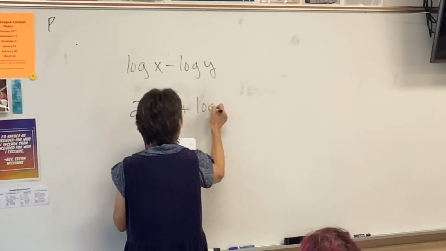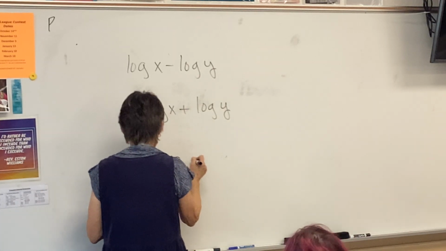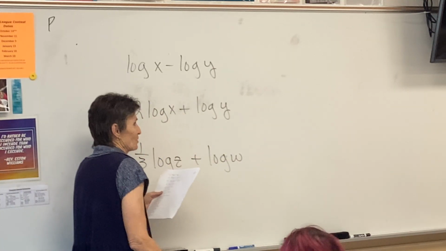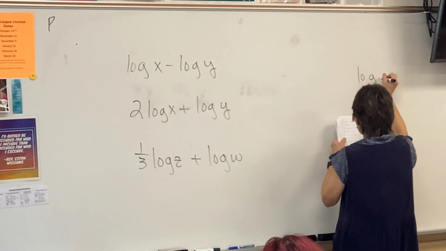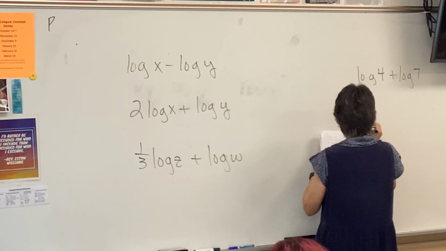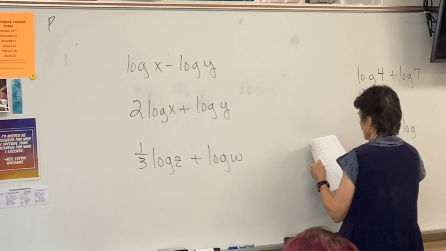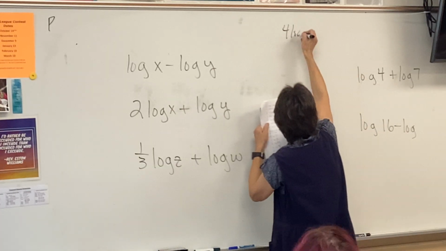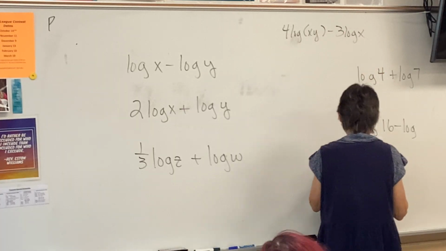So when we have more than one logarithm in an expression, it is generally a good idea to put them together. So I'm going to help you remember a couple of rules that are going to help us. We're going to get these things put together.